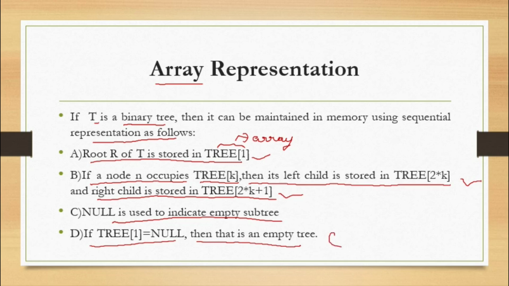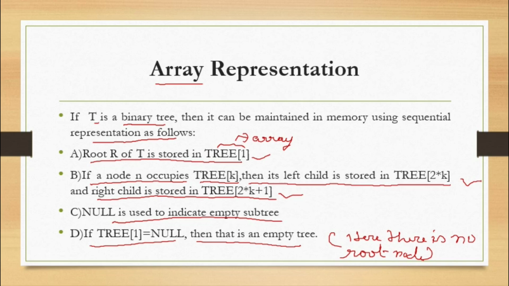Why? Because here there is no root node. So what are the rules? Once again, let us see. Always the root is stored in the first location. If any node occupies TREE[K], say let it be TREE[1], the root node, then its left child will be in location 2*K, and its right child will be in 2*1+1, that is 2 plus 1, the third location.